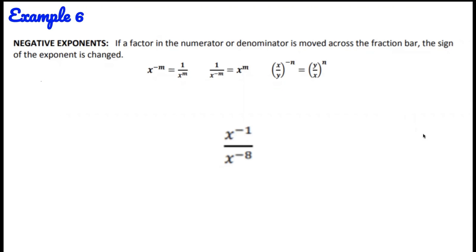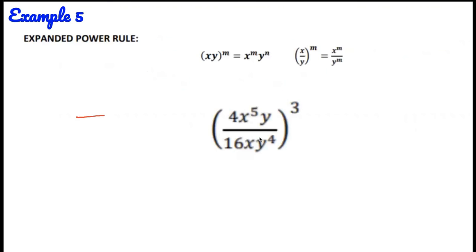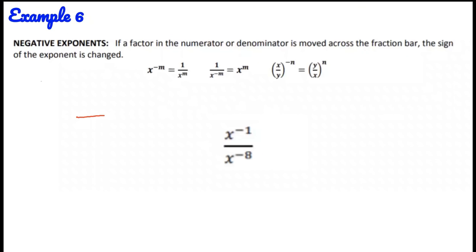So for example, for our last example we had, what was it? I think it was, let me go back. y to the power of 1 and y to the power of 4.